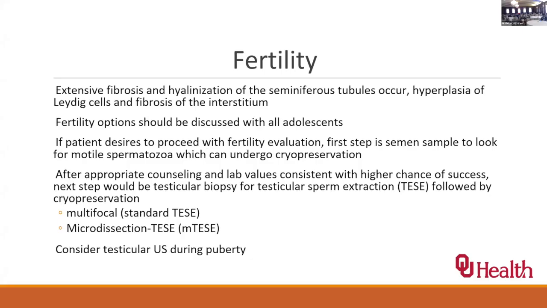The microdissection is a much more complex, involved surgery involving imaging to look for potential spermatozoa. The recommendation is also to consider testicular ultrasound during puberty. This, again, probably does not change clinical management in most cases, but may give a clue to the actual architecture of the testes to make sure there's nothing grossly abnormal at that time.